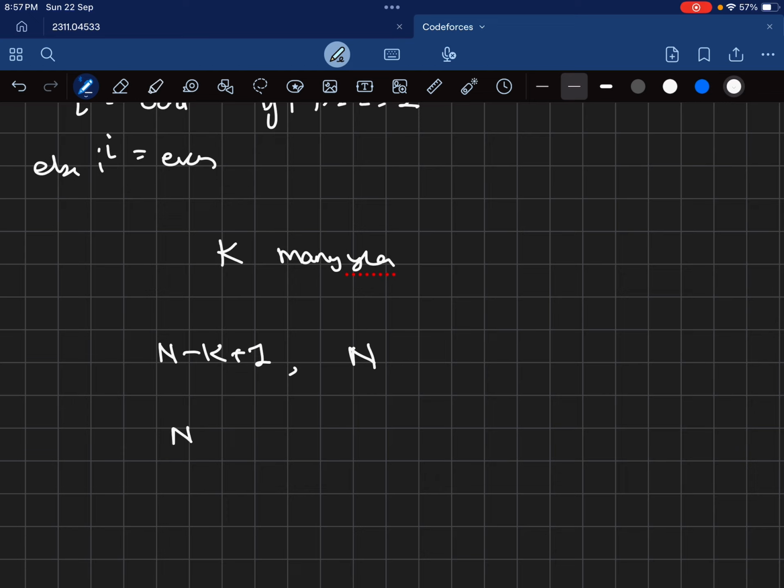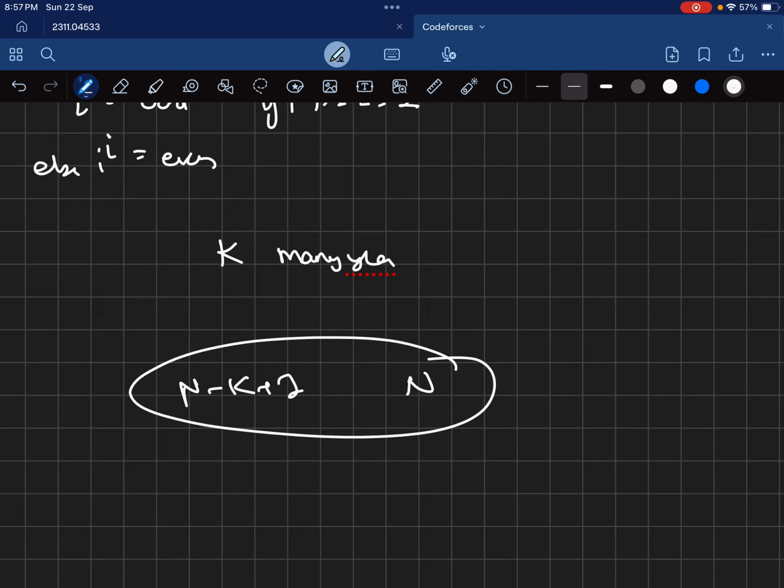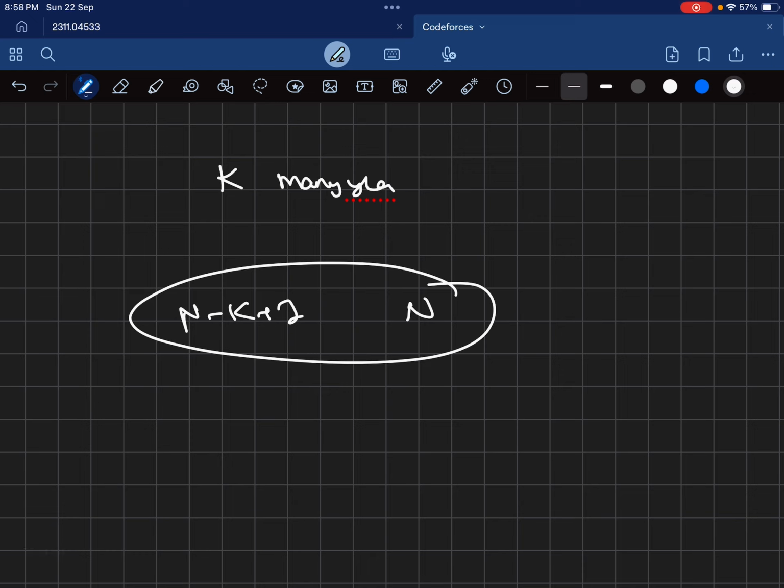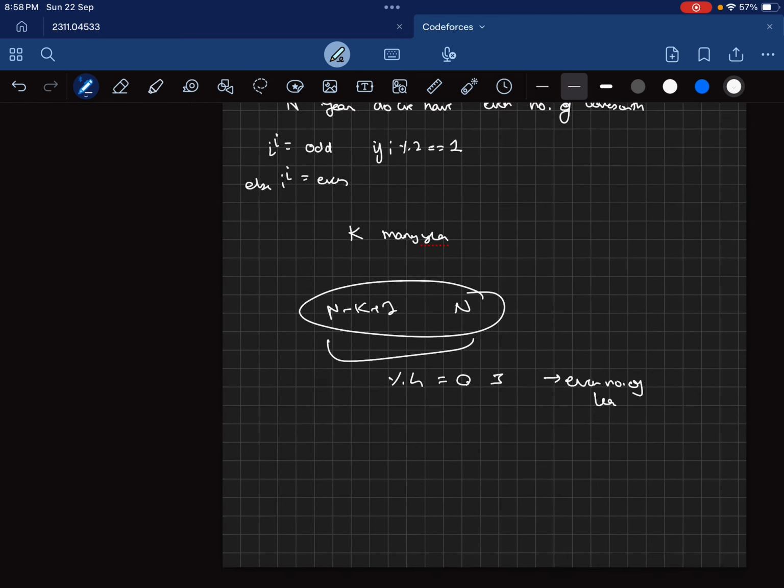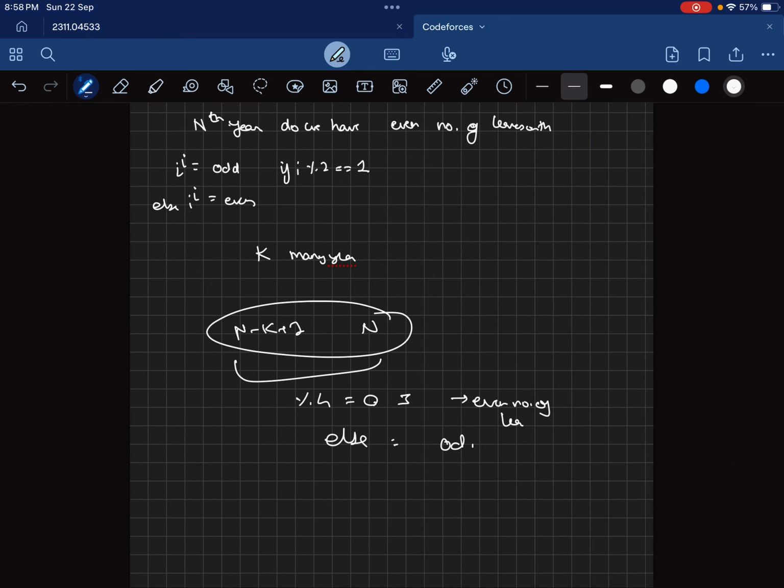So this is very simple. We find the difference between them, which is essentially k, and we check how many times an odd number comes up in this interval. If the difference modulo 4 is 0 or 3, then we have an even number of leaves, else we have an odd number of leaves.